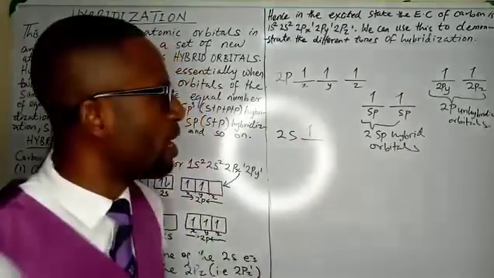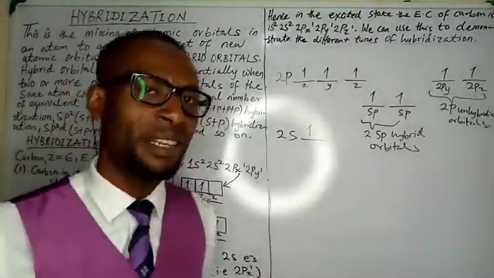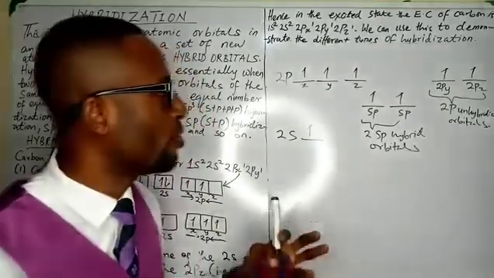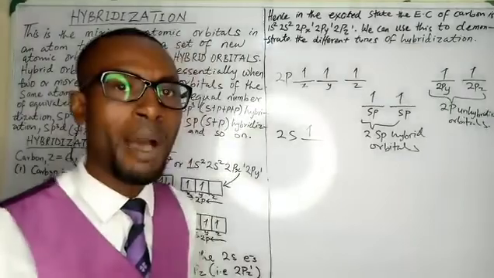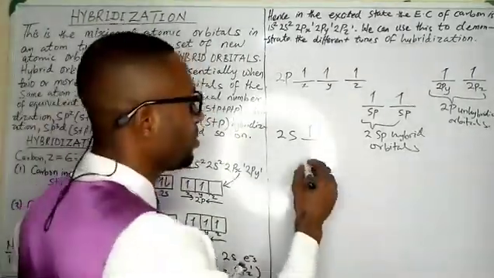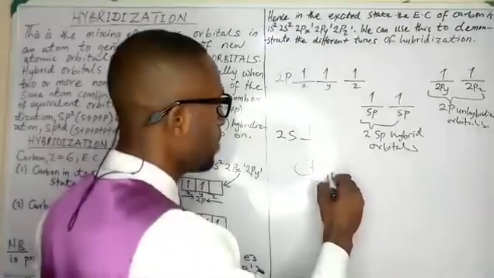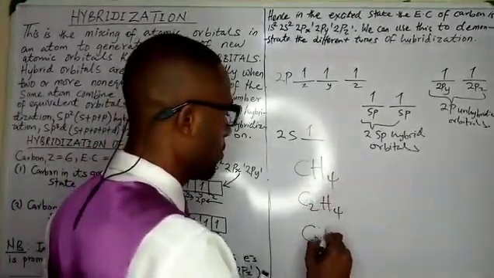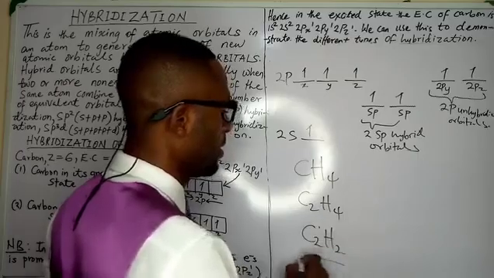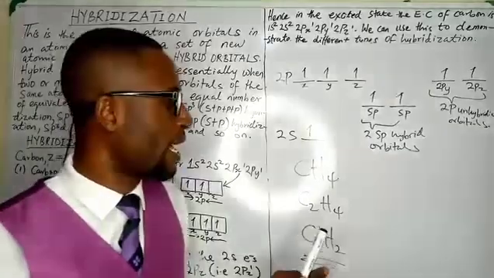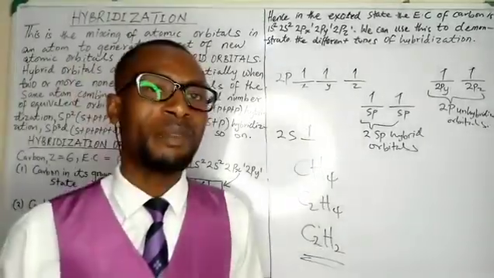We're going to lay more emphasis on this in the next lecture, where I'm going to begin to show you how covalent bonds are made using the concept of hybridization in simple molecules like methane, ethene, and of course ethane. These are critical if you must understand certain aspects of organic chemistry.